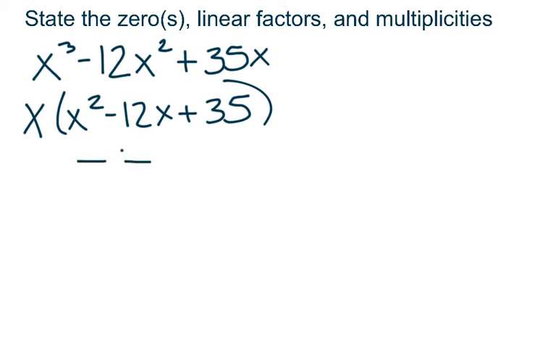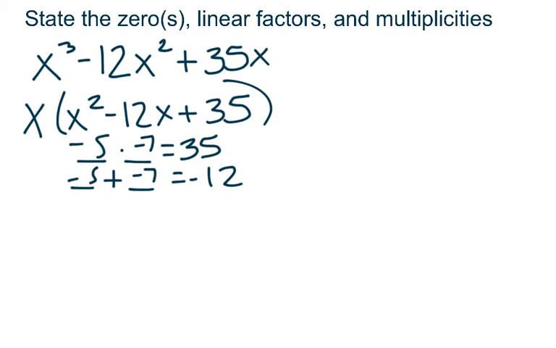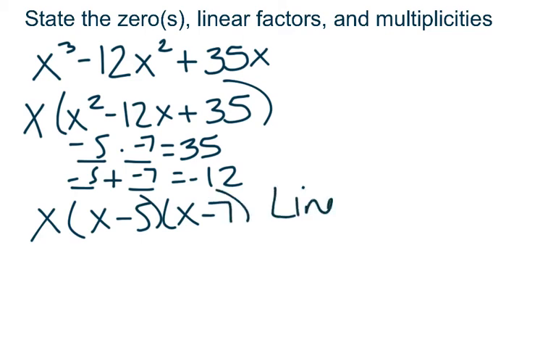I can factor the easy way, so I'm looking for two numbers that multiply to give me negative 35. They have to add to give me negative 12. Those two numbers are negative 5 and negative 7. So I have x minus 5, x minus 7. Remember, these are my linear factors.